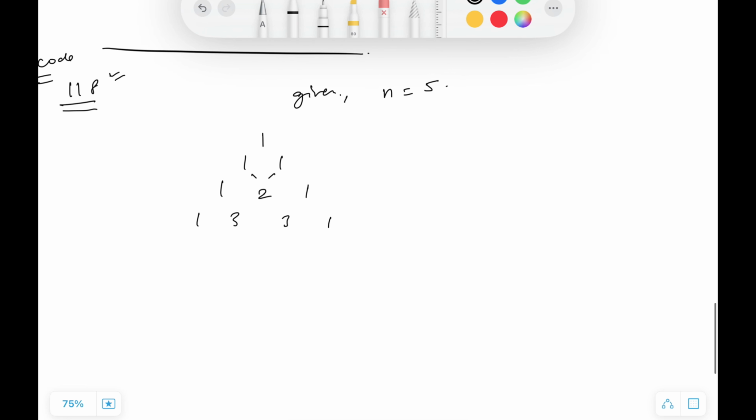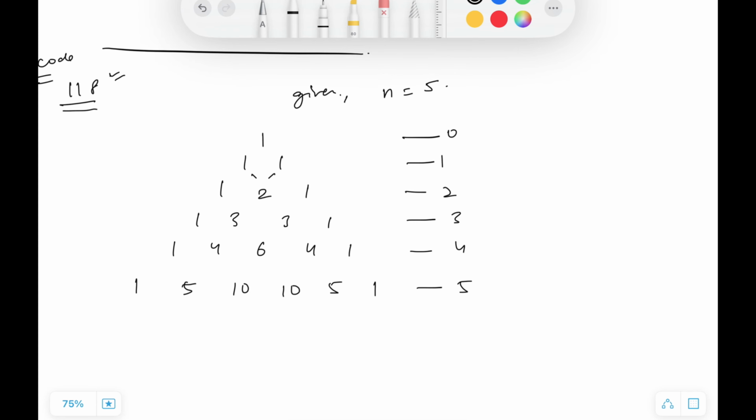Then 1, 3, 3, 1, and 1, 4, 6, 4, 1. Row 0, row 1, row 2, row 3, row 4. And row 5 is something we have to find out: 1, 5, 10, 10, 5, 1. So this is the fifth row.